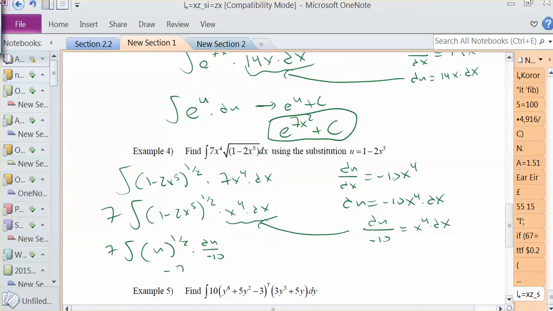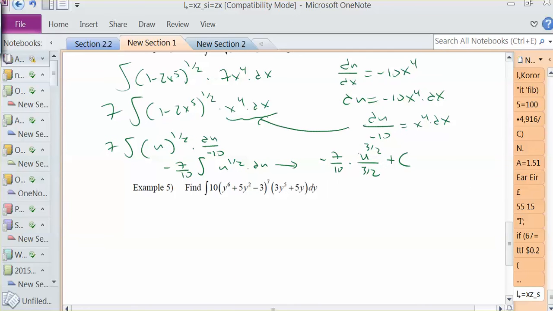So I got negative 7/10 times the integral of u to the 1/2 times du. So negative 7/10 times u to the 3/2 over 3/2 plus c. And I could flip over the 3/2, have negative 7/10 times 2/3 times u to the 3/2 plus c.